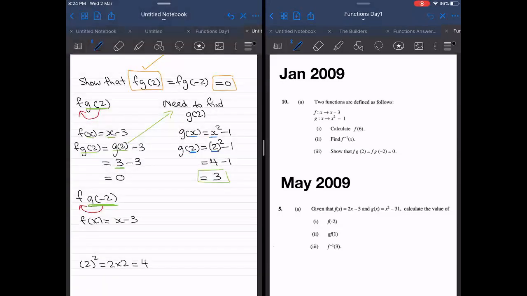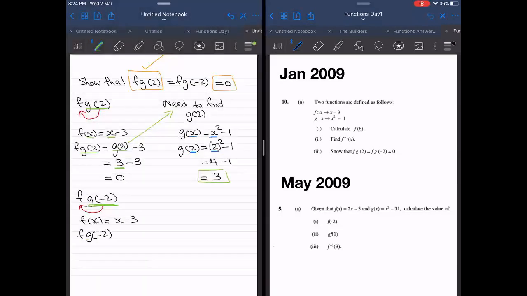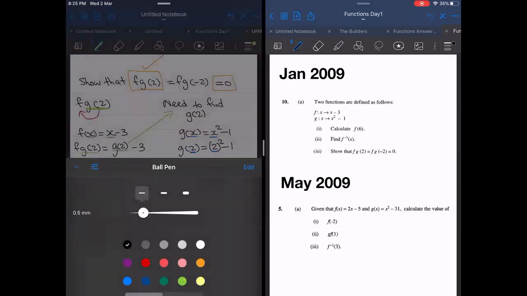So for example, when you had f of g of minus 2, it means that wherever you see x, you are going to put g of minus 2.